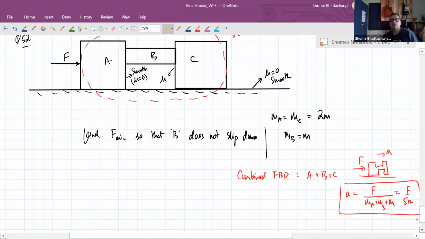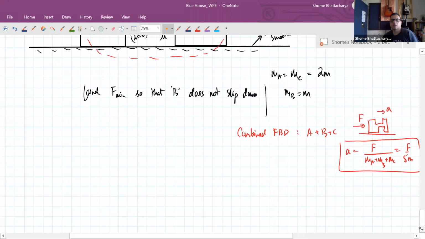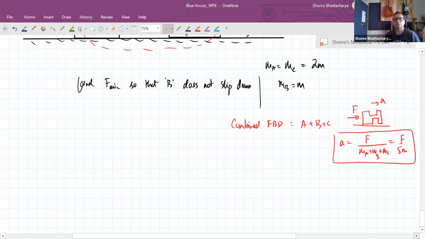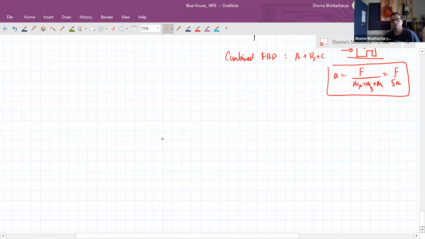Now, condition for B is equilibrium. So what you do is you make B's free body diagram in the non-inertial frame of the system.